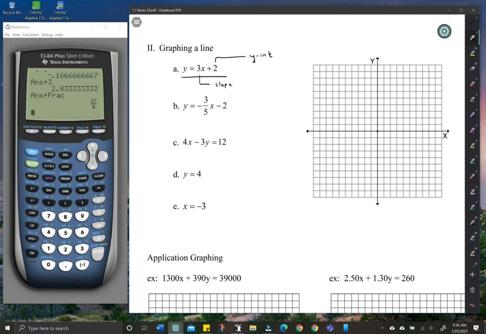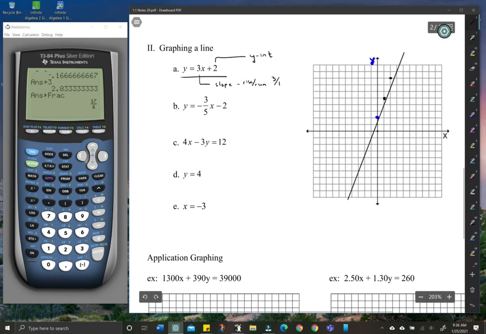And the slope, if you remember, is rise over run. So really you can think of it as 3 over 1, and we'll go up 3, over 1, up 3, over 1. And you can do your best to connect the dots. I have a nice little connecting tool here, which is kind of cheating on my end, but it looks nice.